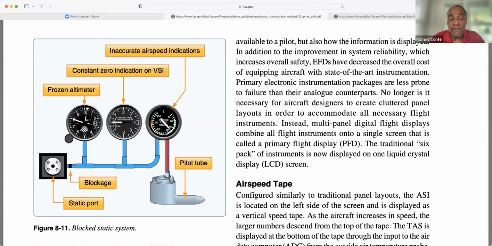The reason you have the static port that's hooked up in the back also of the airspeed indicator: as you go to altitude, as we know, the pressure outside is different. So the outside air pressure at 3,000 feet is slightly different than at 2,000 and then 1,000.